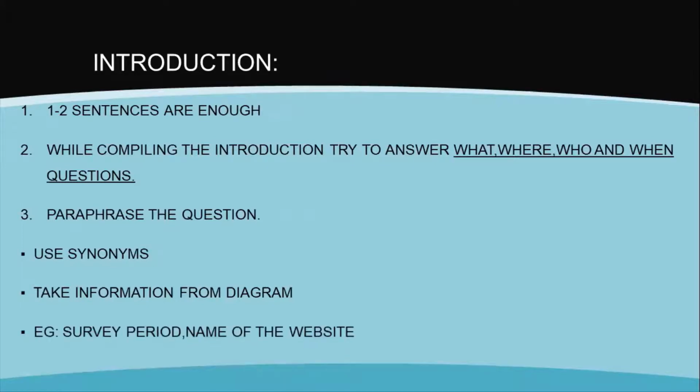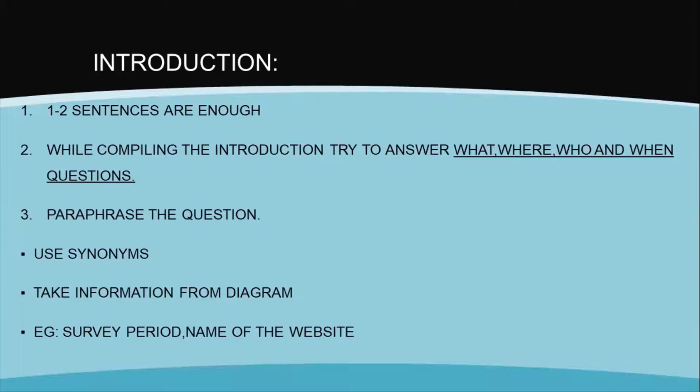For example, if the question gives a survey period or the name of a website, you can use it. If the question says the line graph describes the number of visits to certain websites, while you write the introduction you can write: the graph gives or provides information about the visitors in Pop Chart as well as Red FM.